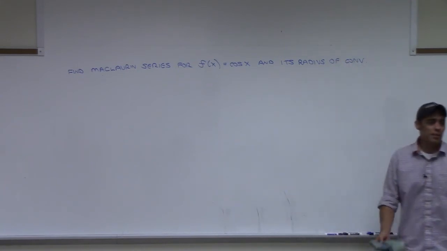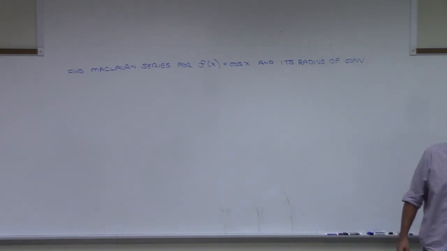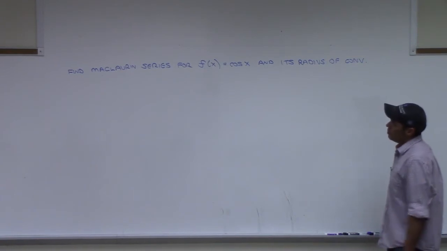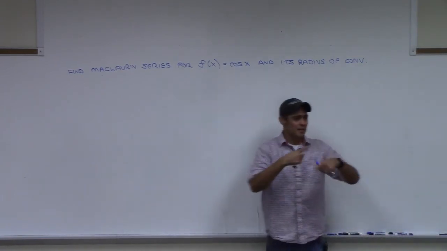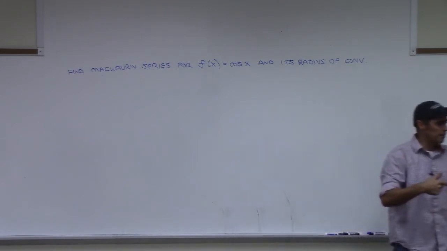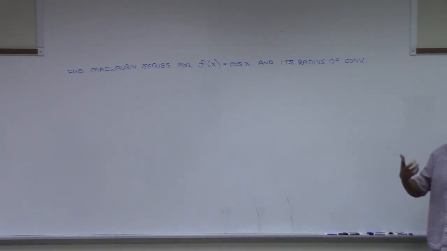Notice I did not ask for the interval of convergence. Interval of convergence would be a harder question. Okay, find the Maclaurin series. So they've given us a function. Are we going to be able to take the derivative of that function over and over and over? Yes, we should be able to.